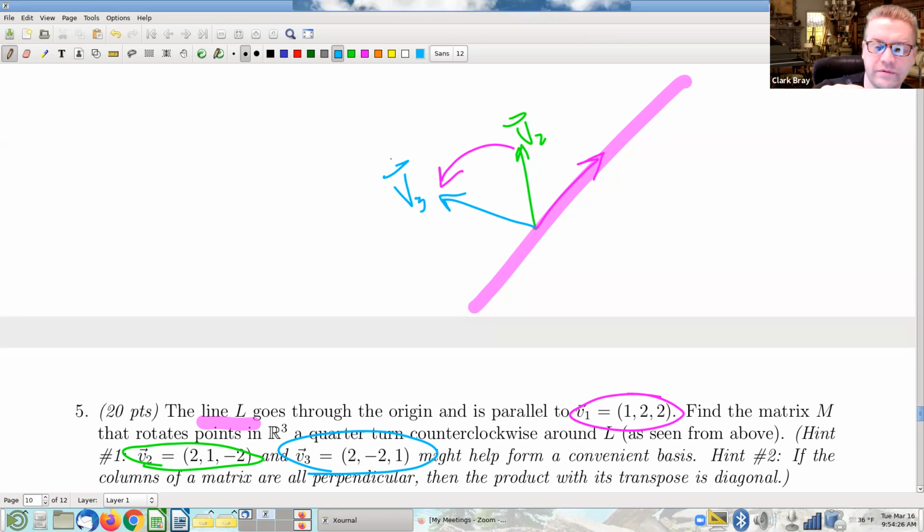And then v3 rotates around, or you can probably see without too much trouble, into negative v2. Doesn't that seem plausible?